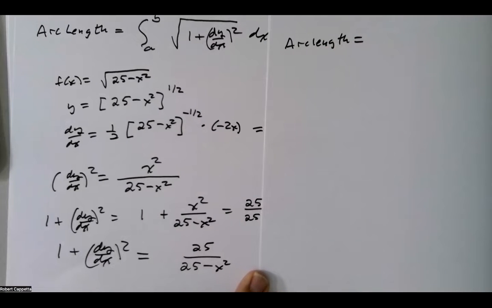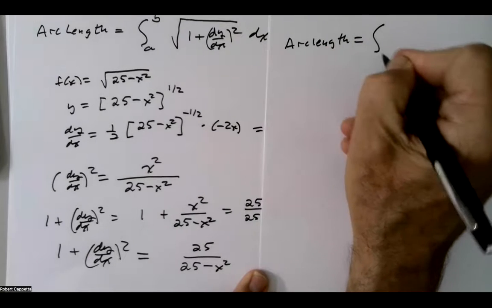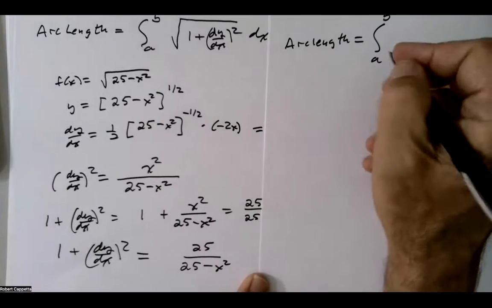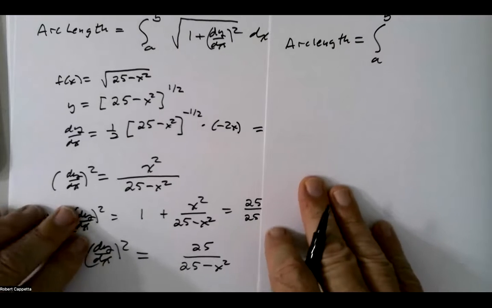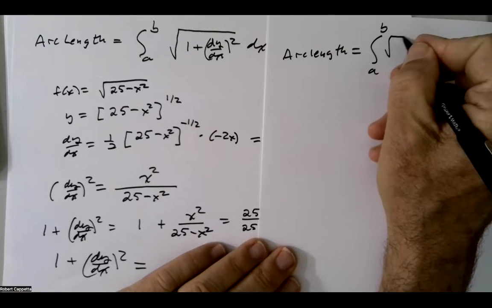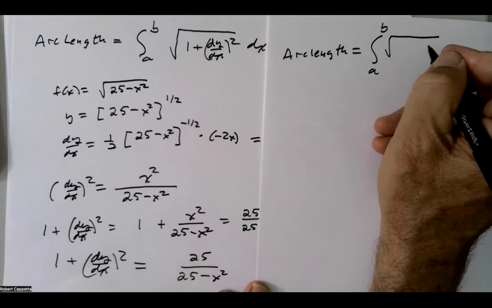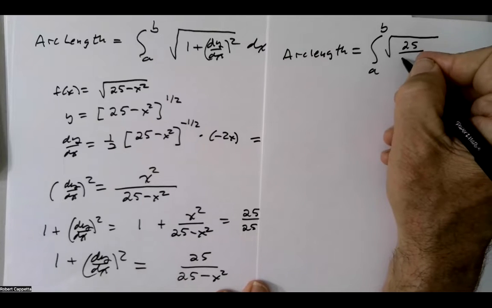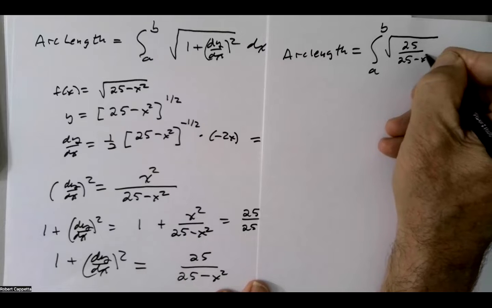The integral from a to b of the square root of 1 plus (dy/dx) squared dx. Here, 1 plus (dy/dx) squared is 25 over 25 minus x squared.